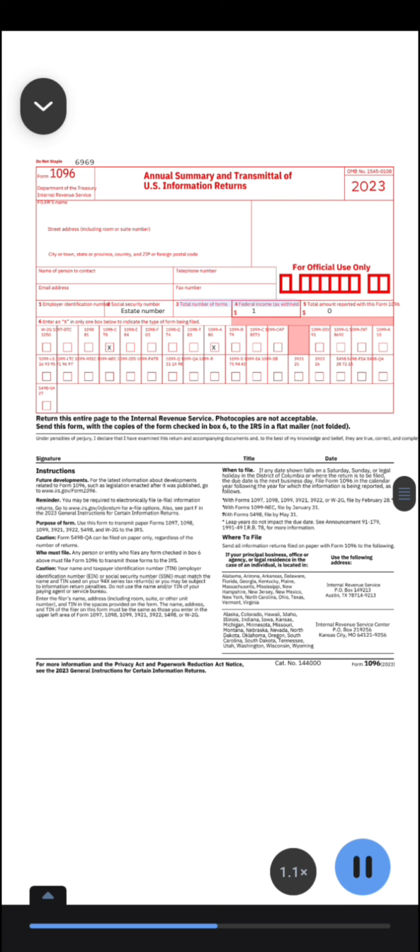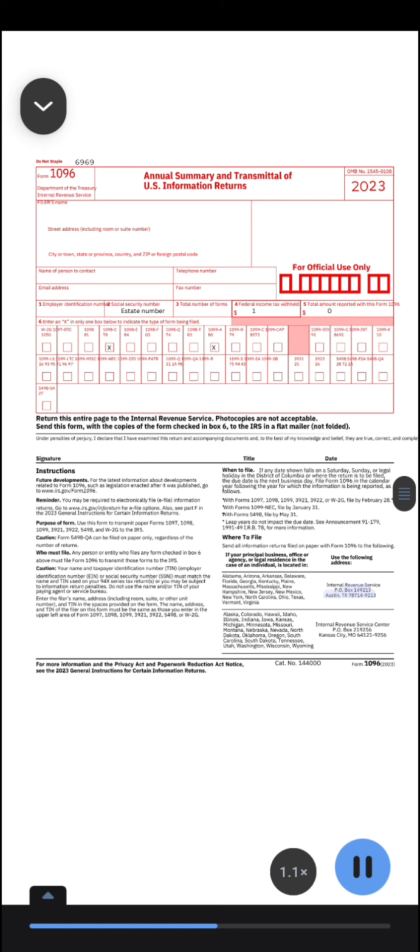Fax number, telephone number, total number of forms, federal income tax withheld. Alabama, Arizona, Arkansas, Delaware, Florida, Georgia, Kentucky, Maine, Massachusetts, Mississippi, New Hampshire, New Jersey, New Mexico, New York, North Carolina, Ohio, Texas, Vermont, Virginia.